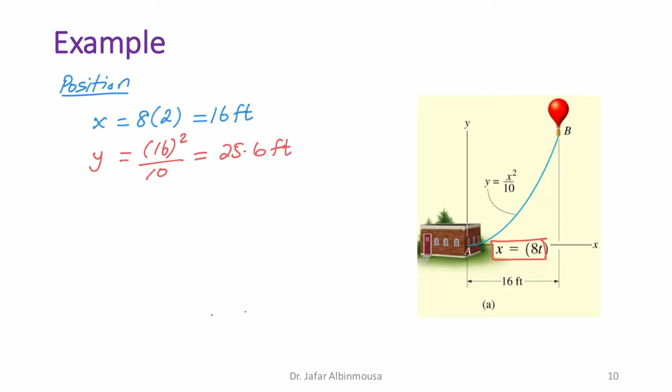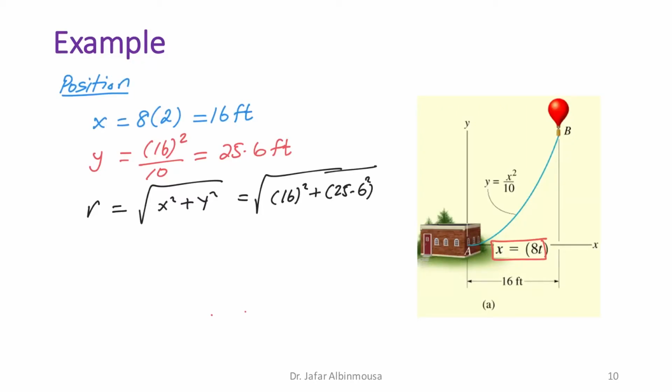So this is like the x and y components. If we want to find the magnitude, then it is equal to the square root of x squared plus y squared, which is equal to the square root of 16 squared plus 25.6 squared, and this is going to give you 30.2 feet.